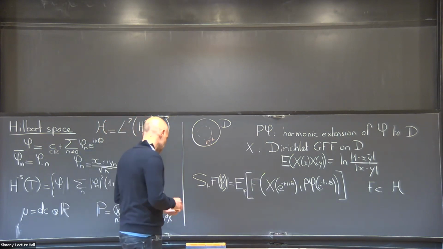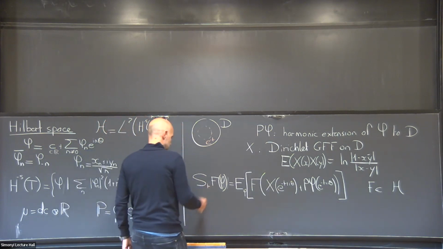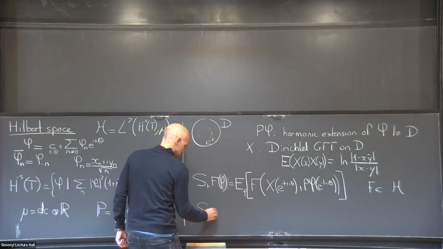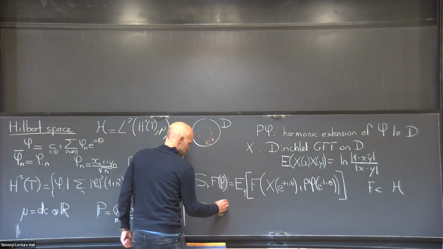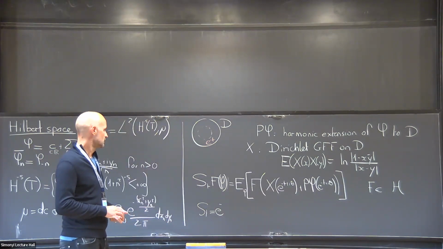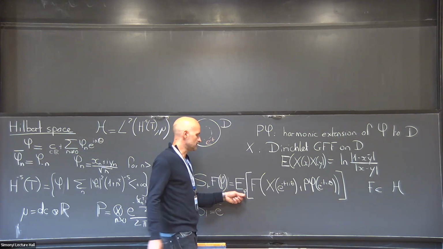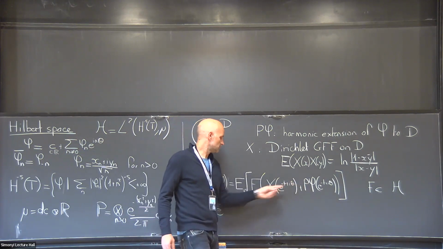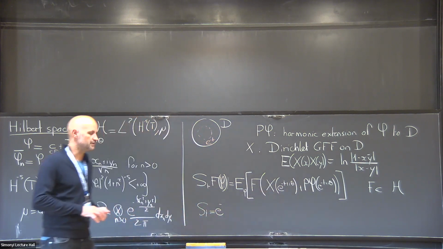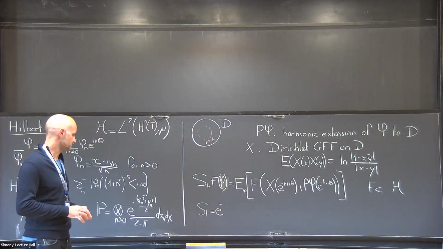And you can compute its generator, so it's a self-adjoint semigroup. The expectation is taken over X, or what is the expectation? Yeah, this means that I condition on the field phi. So the expectation is with respect to this guy here. Only the Dirichlet GFF is integrated over.